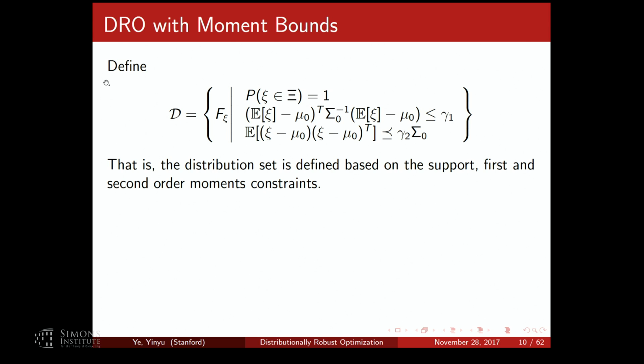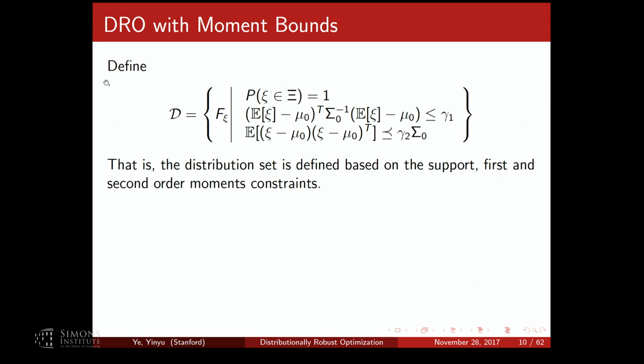So the expected value, with the maximum mean deviation, basically builds a Euclidean ball such that the mean value cannot diverge from mu0 too much, okay. And also the covariance matrix of the distribution should be less than some kind of sample experience scaled by some lambda 2. So the question is how to choose lambda 1 and lambda 2; those two scalars control how tight the distributions would be, okay. So this is a distribution set. All the distributions have to satisfy those constraints.